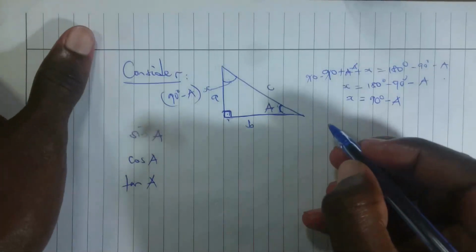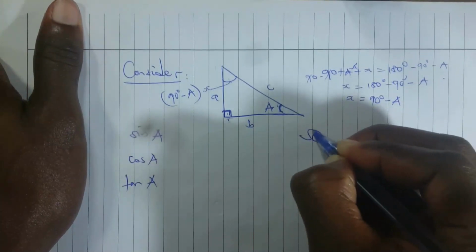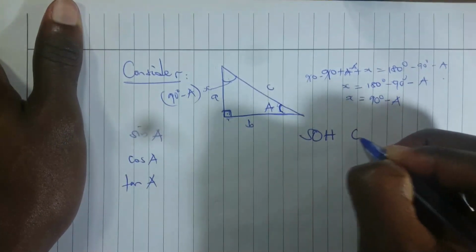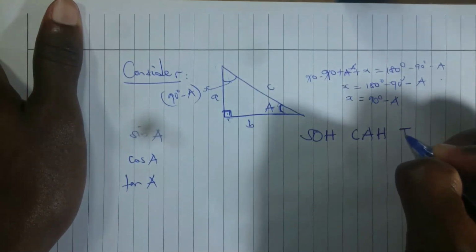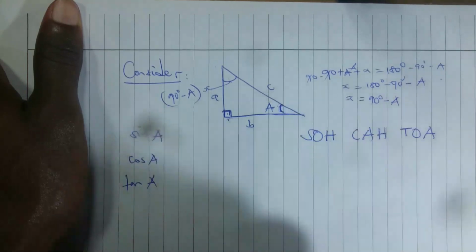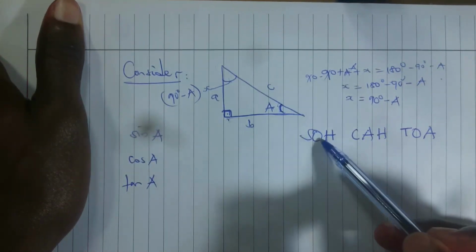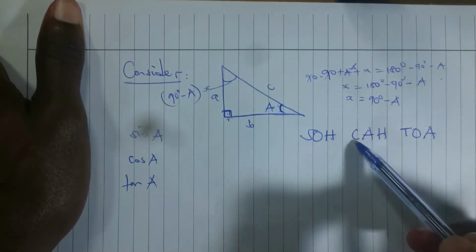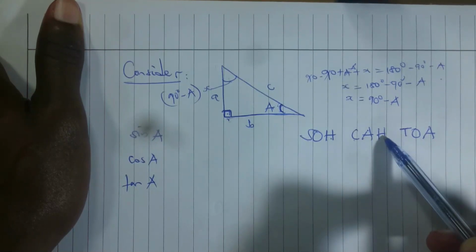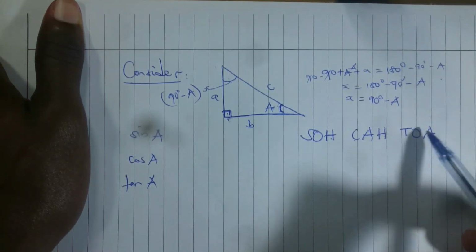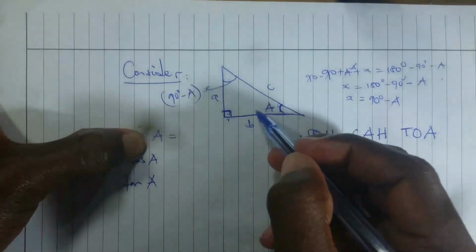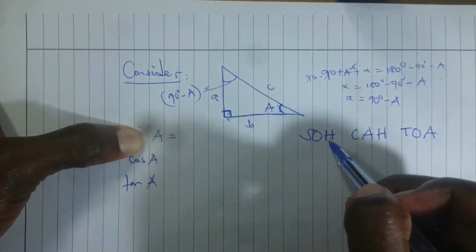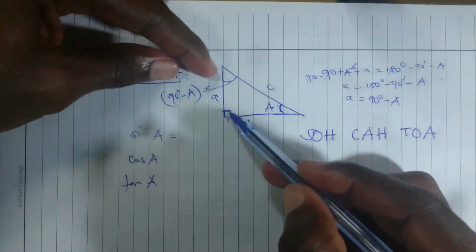So let me give you a brief formula that can help you recall that: SOHCAHTOA. Here you know that sine is opposite over hypotenuse, cos is adjacent over hypotenuse, tan is opposite over adjacent. So now we see that sine A is opposite over hypotenuse.